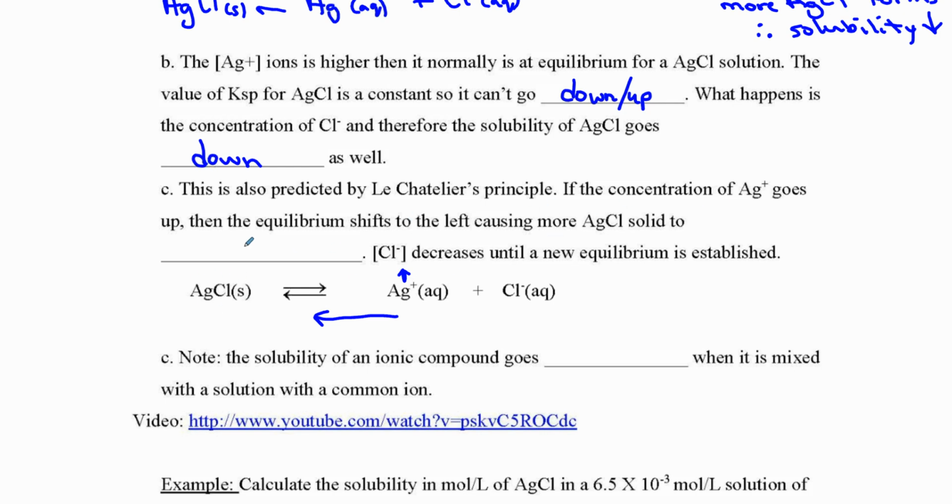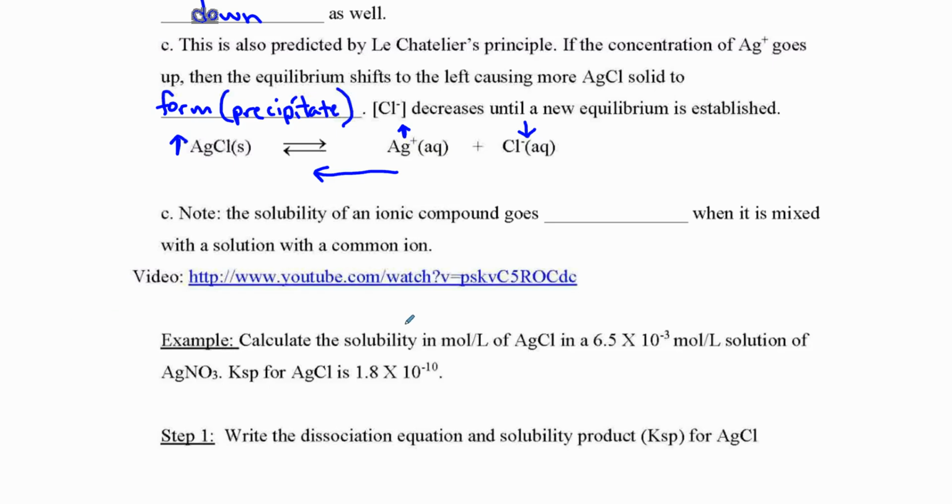So if the concentration of silver ion goes up, then the equilibrium shifts to the left, causing more AgCl solid to form or precipitate. The chloride ion decreases until a new equilibrium is established. Okay, so eventually it will reach that equilibrium point, and then all concentrations will stay constant.